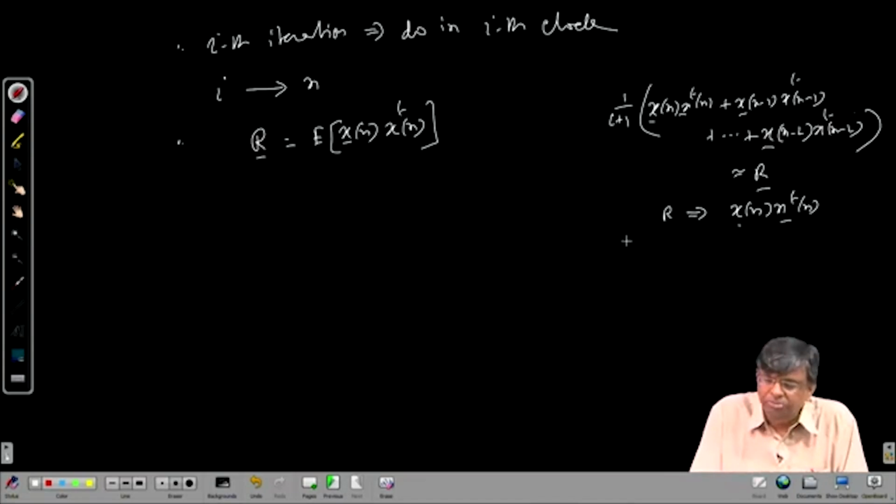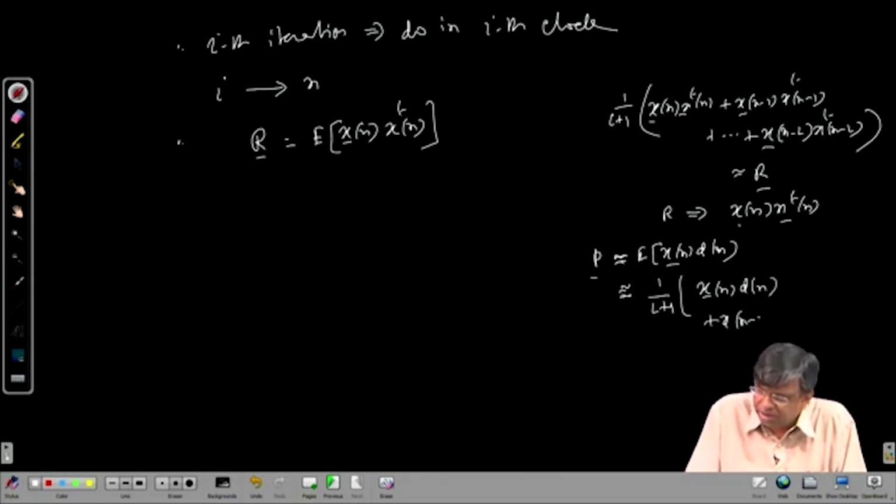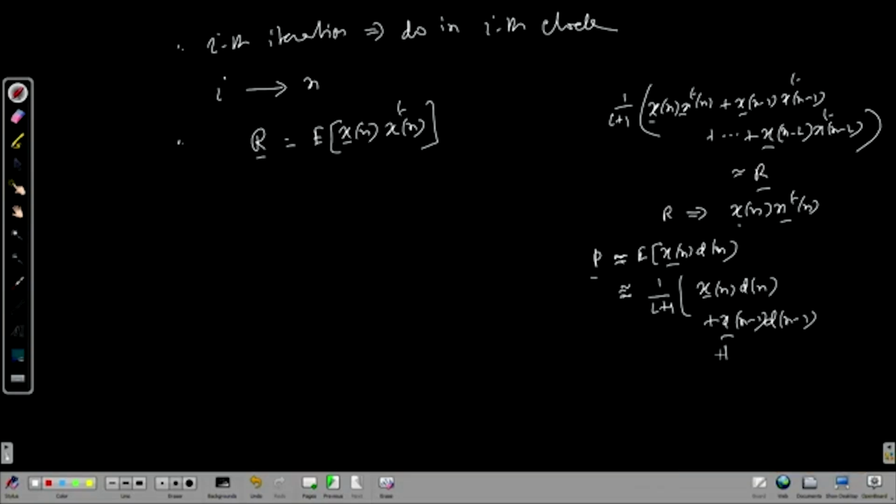Similarly, P vector approximately, now what is P vector? E of x n d n, okay, which means approximately you should have x n one sample data vector, random data vector times random d n, then x n minus 1 vector into d n minus 1, so another random data vector into d n minus 1 and so on up to x n minus L d n minus L. Okay.